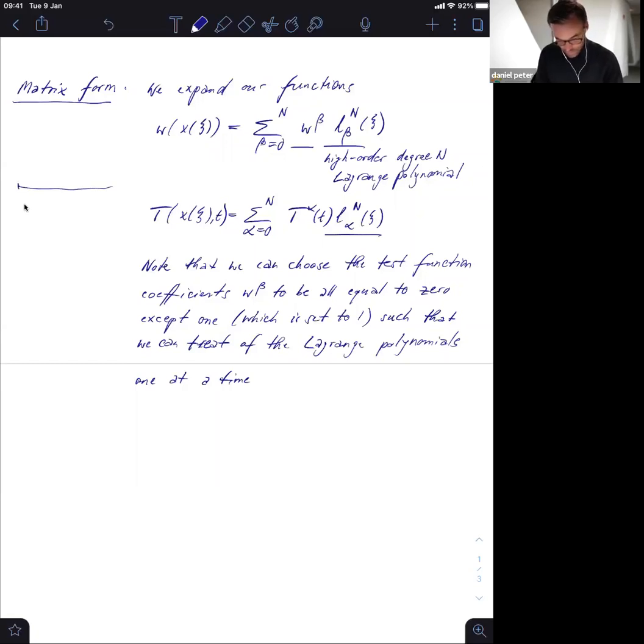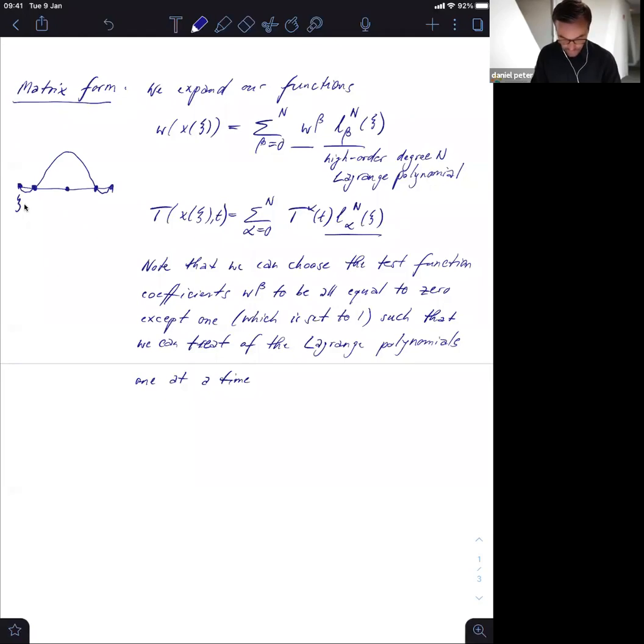So think of that little figure that we made, for example, for degree 4, we have these 5 points. You have something like this, for example.